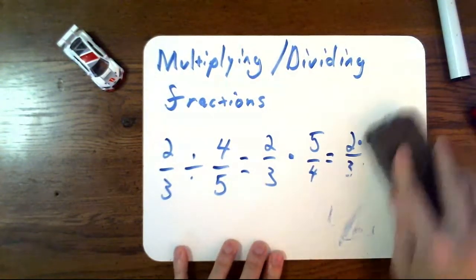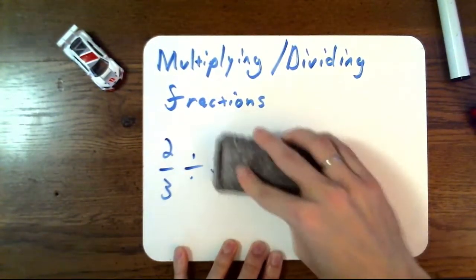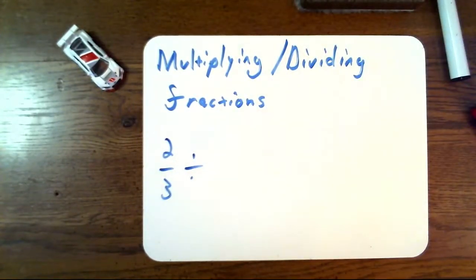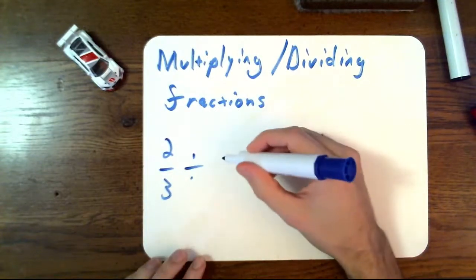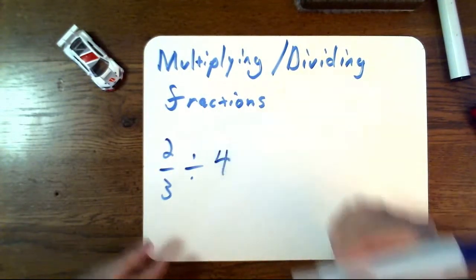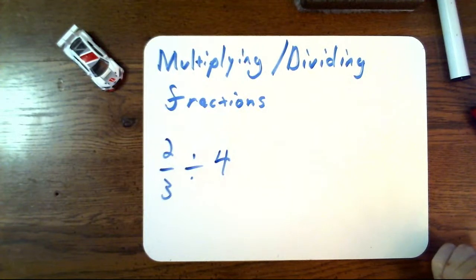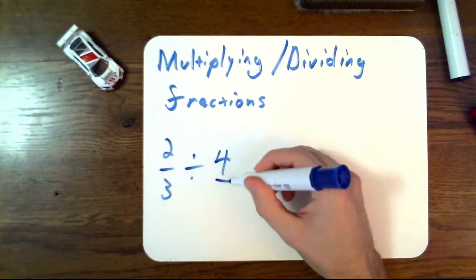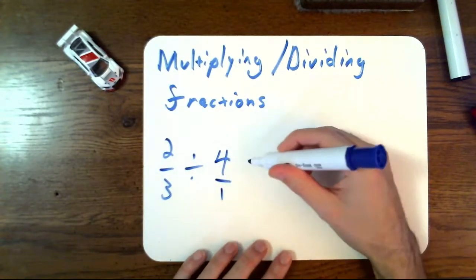Now, on the off chance, well, not the off chance, but this could be a special form of how to write it. Let's do 2/3 divided by 4. How do we do that? How do we go about it? Remember, any number by itself you can always write as over 1.